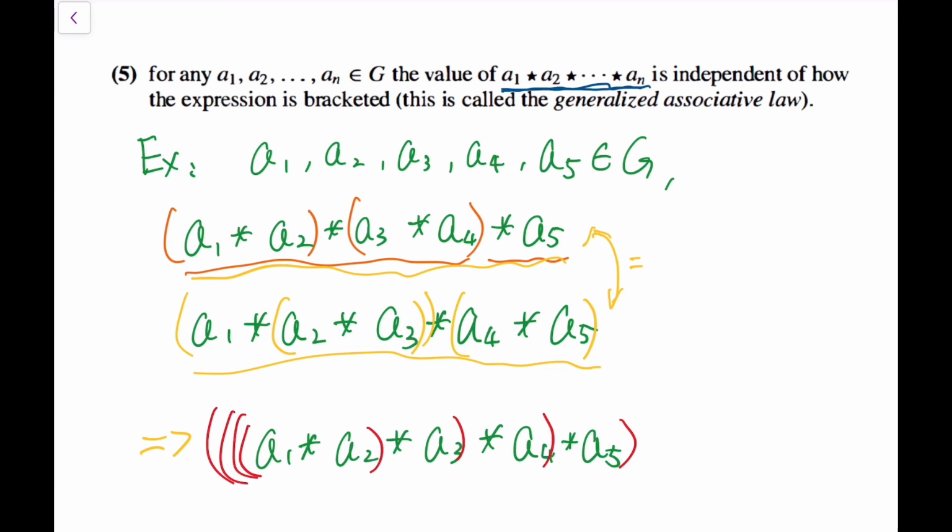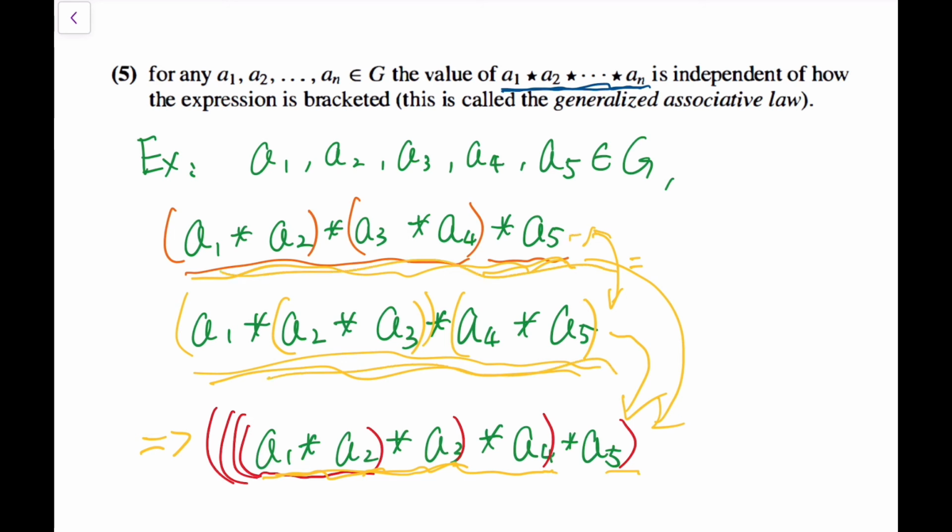So which means you do the operation of the first two at the beginning, and then the result is operated with the third one, and then the result is operated with the fourth one, and goes on until the last element. So because this one can be converted into this form, this one can also be converted into this form. So it means any form of the expression are the same. So this is number 5.